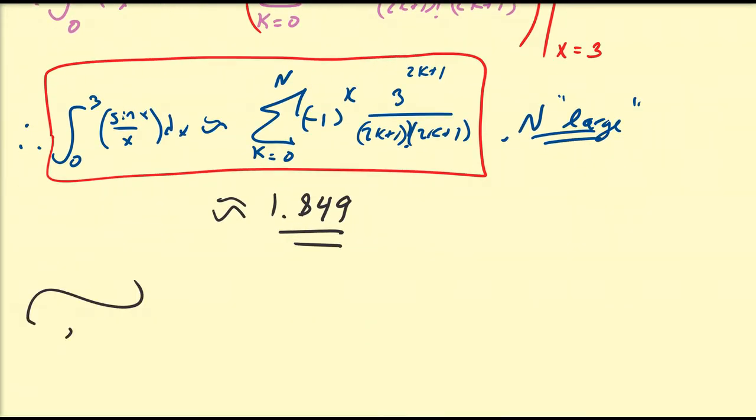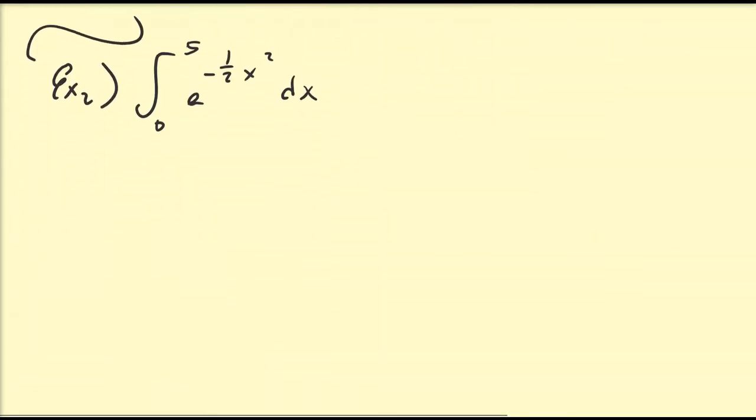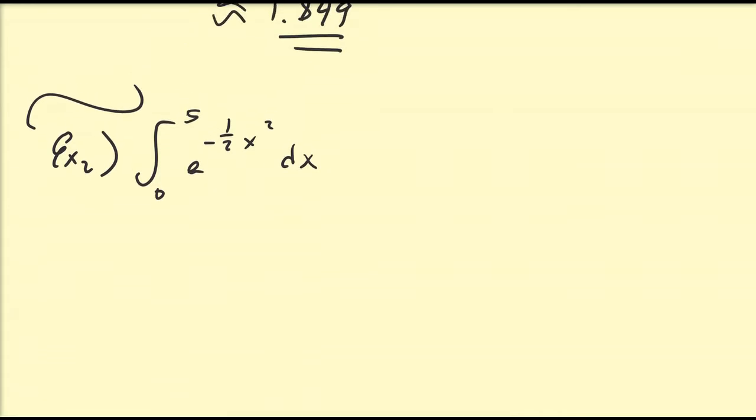So for example 2, suppose we want to approximate the integral from 0 to 5 of e to the minus 1/2 x squared dx. I'm going to begin by realizing that this is an exponential function, and I should know the Taylor series of that.